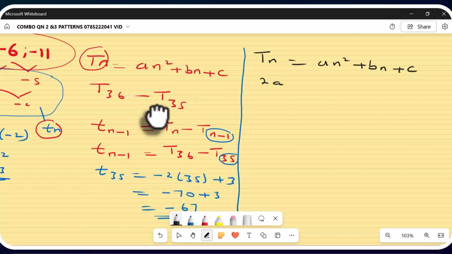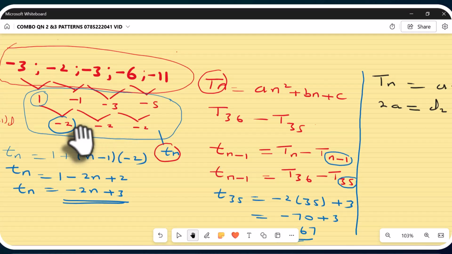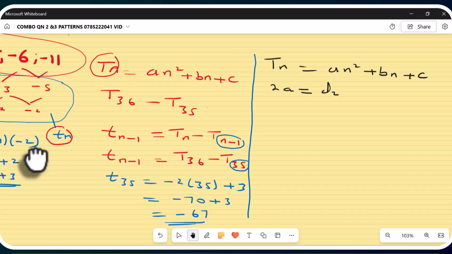After getting a and b, what else do I know? The moment you add a + b + c, you get T1 for the quadratic. Our a is -1 and our b is 4, so you can get c as well. What is our T1? Let's check the question again.